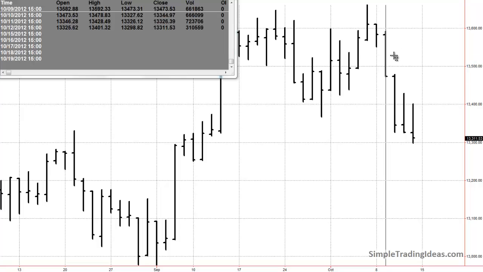The left tick that you see is the opening price. The highest mark is the high of that day. The lowest is the low of that day, and the right tick is the close of that particular day. So, open, high, low, close.